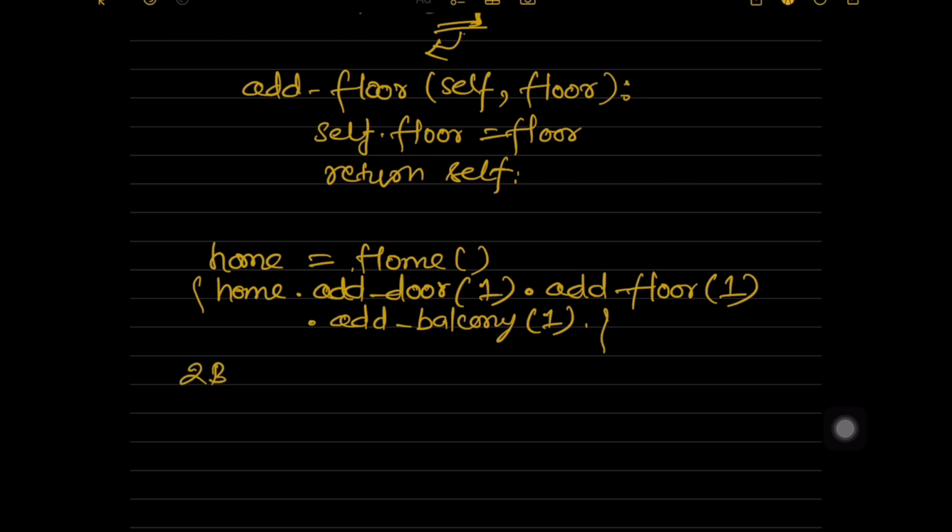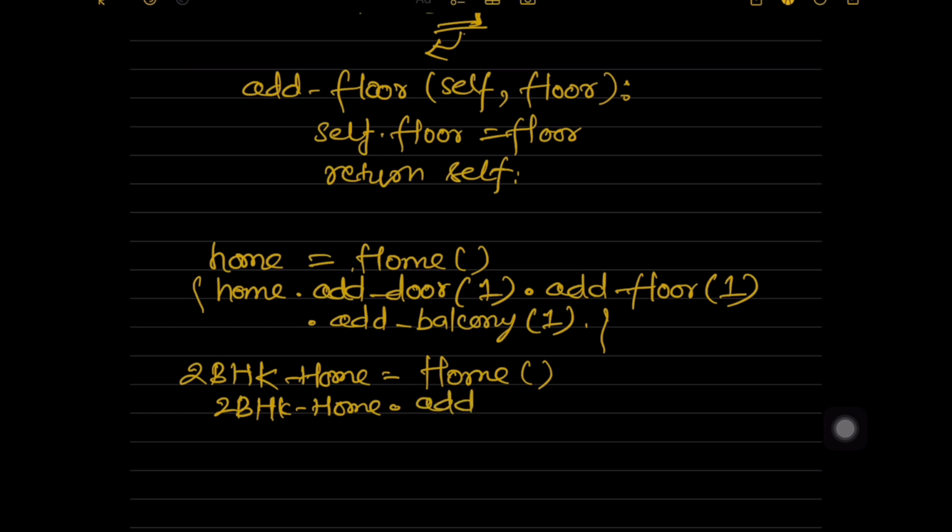So similarly, if we go for a 2 BHK home, what are we creating? If you see this code, now it becomes so readable. For the 2 BHK home, I'll just create a dummy home, and now I can keep on adding features to it. 2BHK_home.add_ the earlier example that we had, add_door(1).